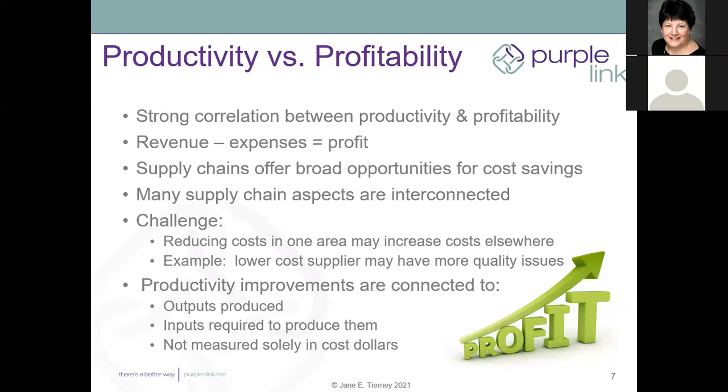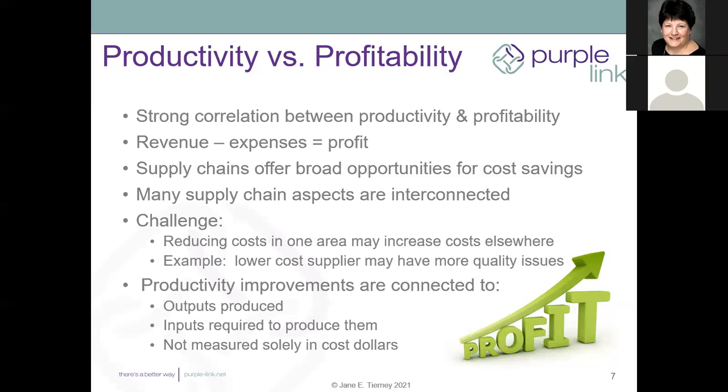So you don't want to look to fix one problem and find out that really you changed suppliers, but you fixed something that wasn't really broken and you created other problems. So you want to be careful about how you're looking at productivity.